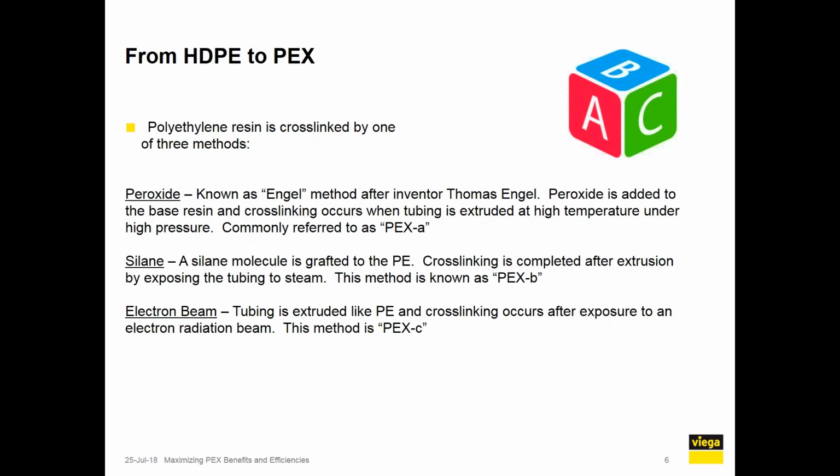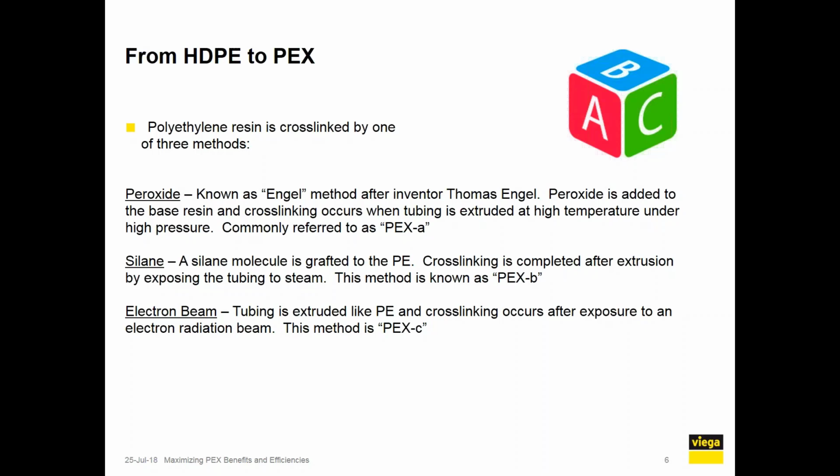This is commonly known as PEX B again. And then PEX C, electron beam, the tubing is extruded like polyethylene and then exposed to a radiation beam.